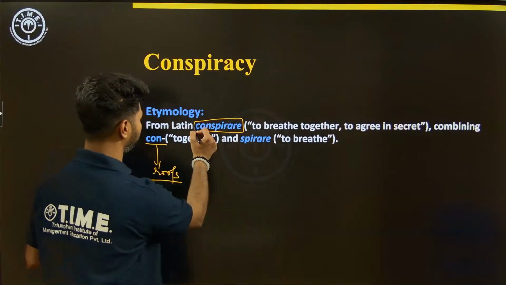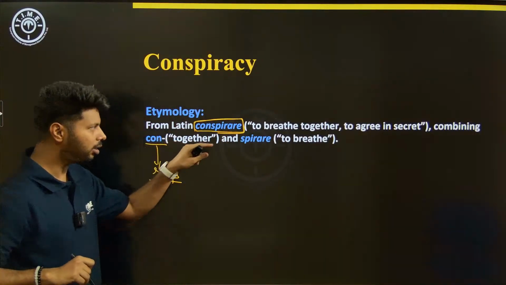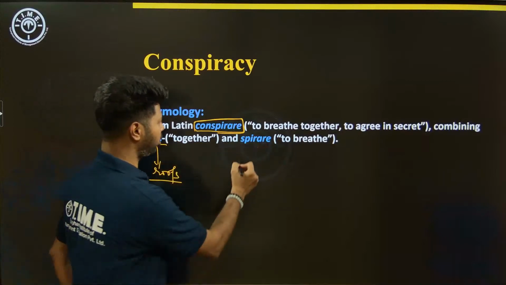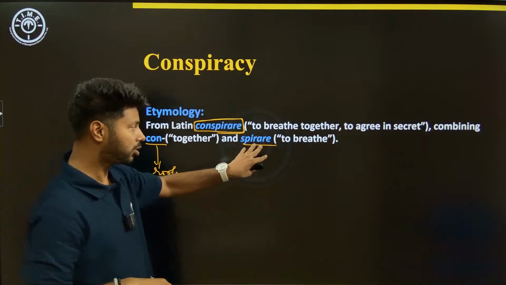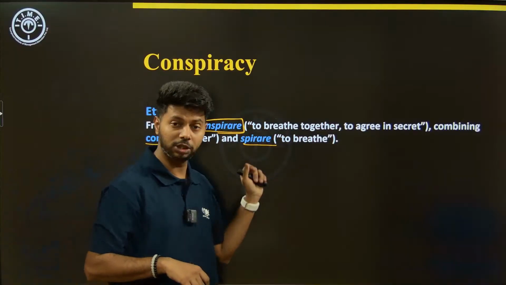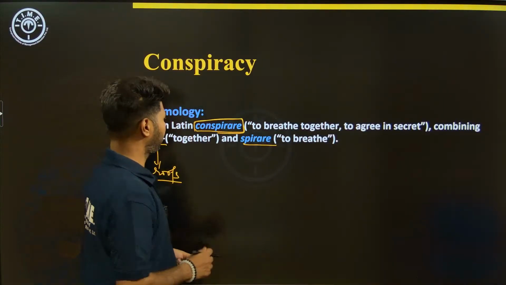This is where it comes from, and the modern English version is conspiracy. So together and breathe. This can be crucial, maybe with a very complicated word sometimes, and you realize, okay, I've seen this in conspiracy, it means to breathe. Therefore, maybe you can eliminate the options given in the question.